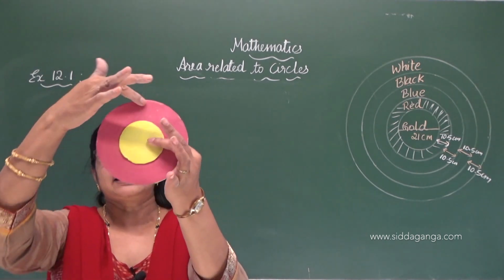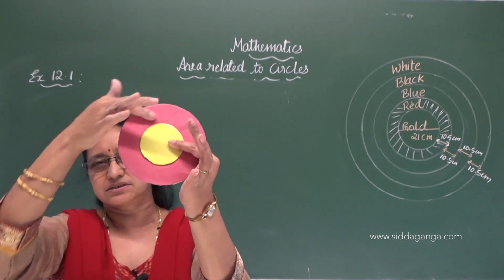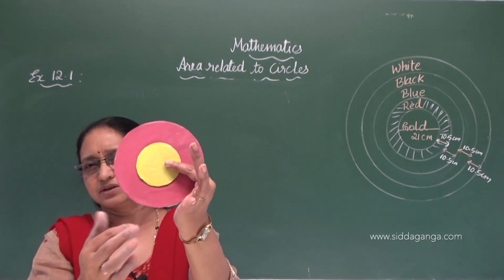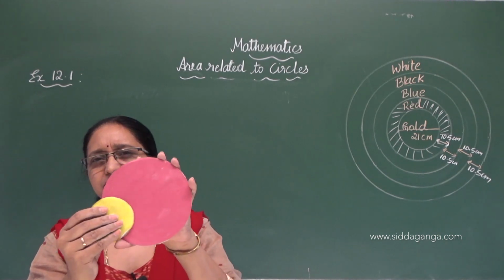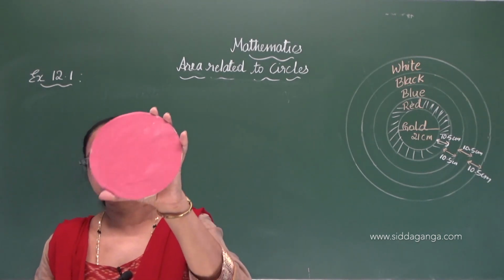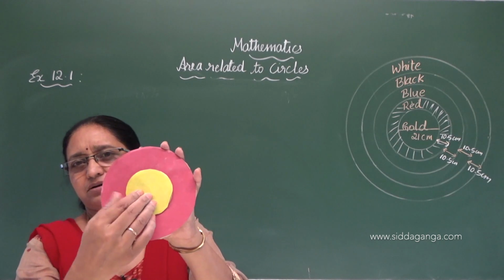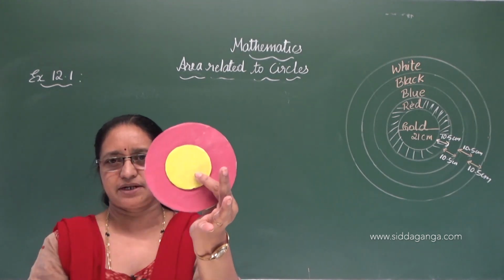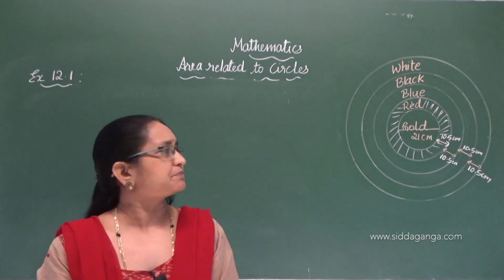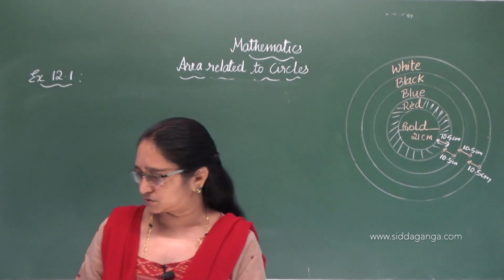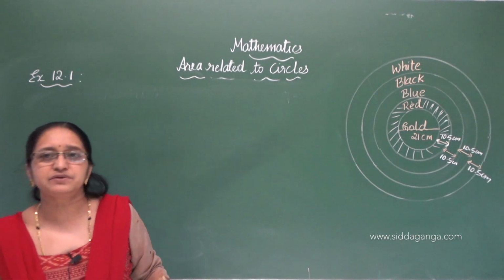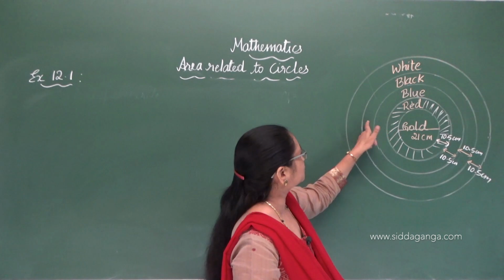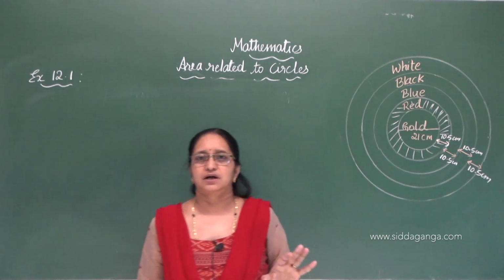If I want to calculate the area of the remaining uncovered region, then what I have to do is take the area of the bigger circle minus the area of the smaller circle, correct? The same concept we are working out here also. But here we have 5 rings, 1, 2, 3, 4, 5 rings, understood?